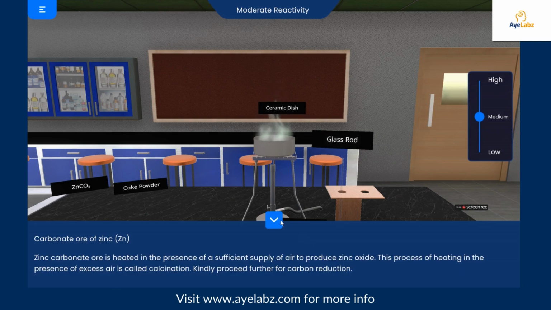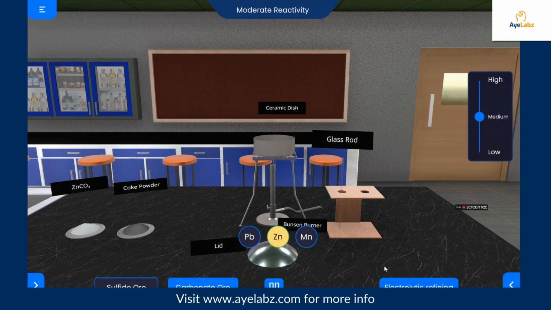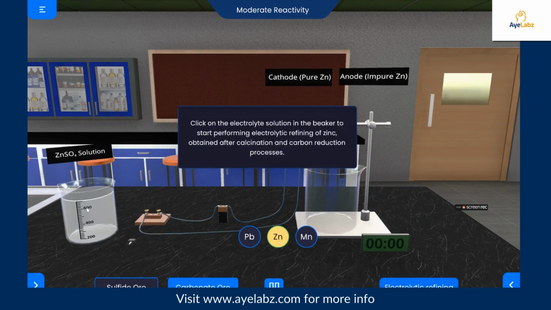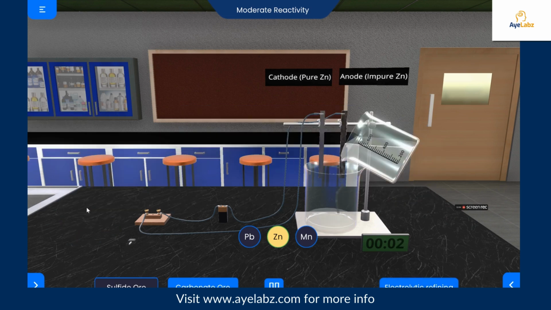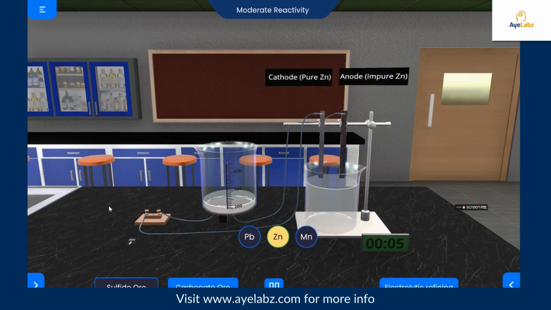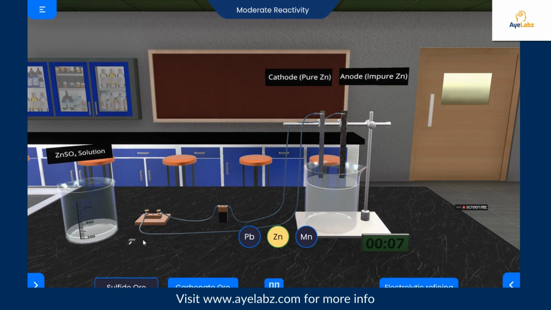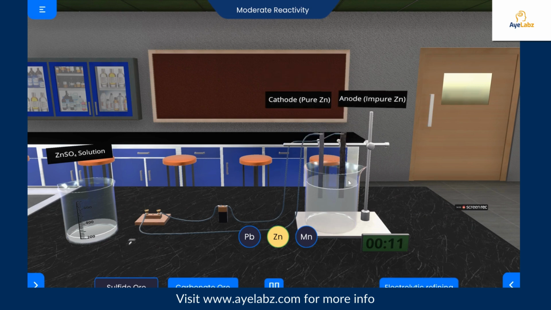Once the zinc is concentrated, we can proceed to electrolytic refining by clicking on it and start the process to extract the pure zinc metal. Here I am using zinc sulfate as the electrolytic solution. You can conduct a very similar electrolytic refining for zinc as well.